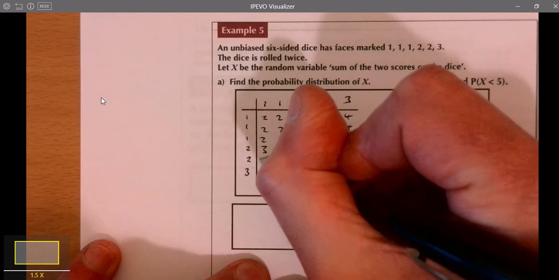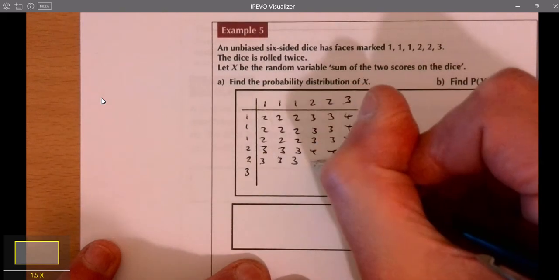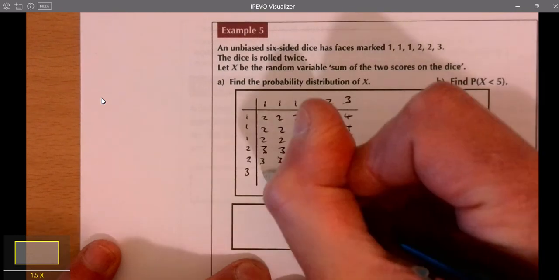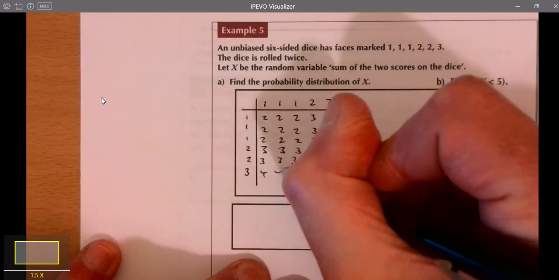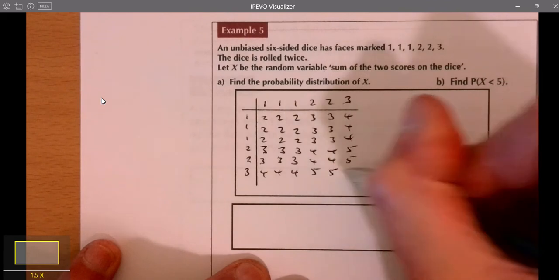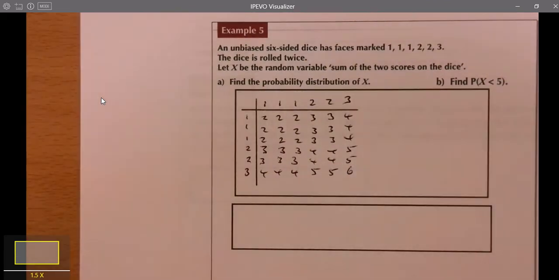I would strongly suggest that you do fill these in, because it makes it so much easier, I promise you. A number of times I've tried to take a shortcut, and then you end up making stupid mistakes, and you shouldn't be making those kind of mistakes.